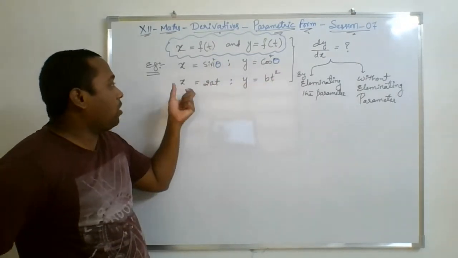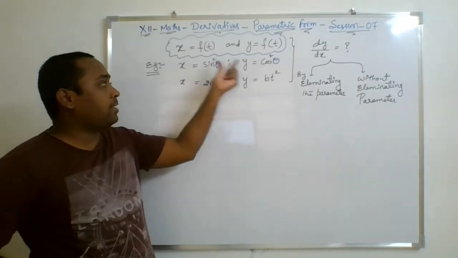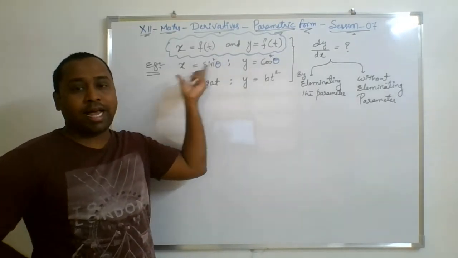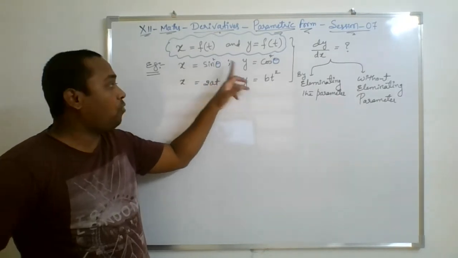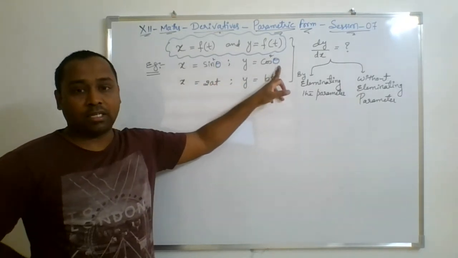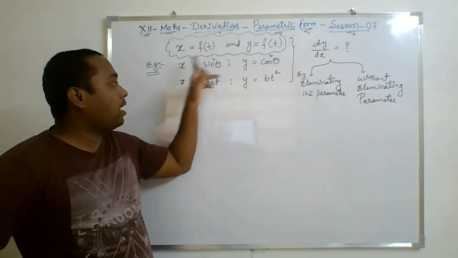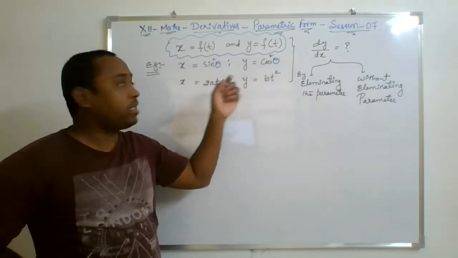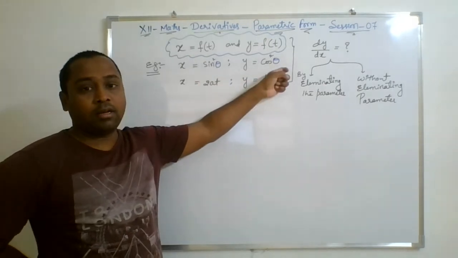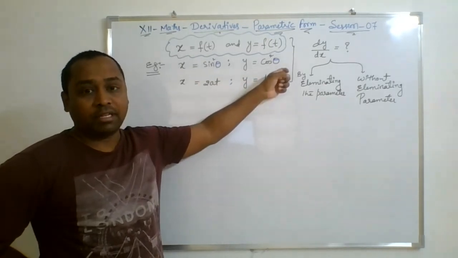If you observe the main variables x and y, they are not directly connected. x is a function of theta, y is also a function of theta. Hence, x and y are functions of the same variable. Hence, the common variable is called a parameter.